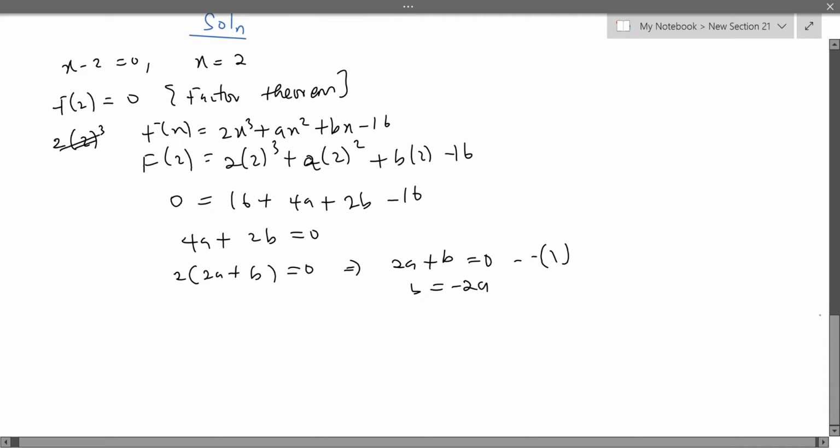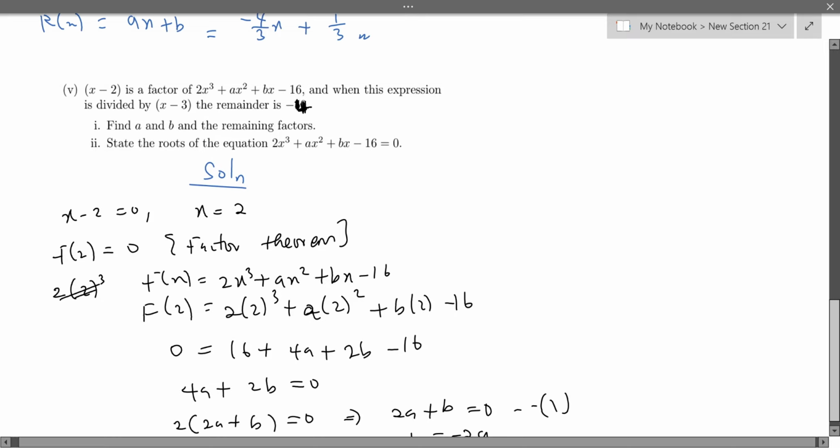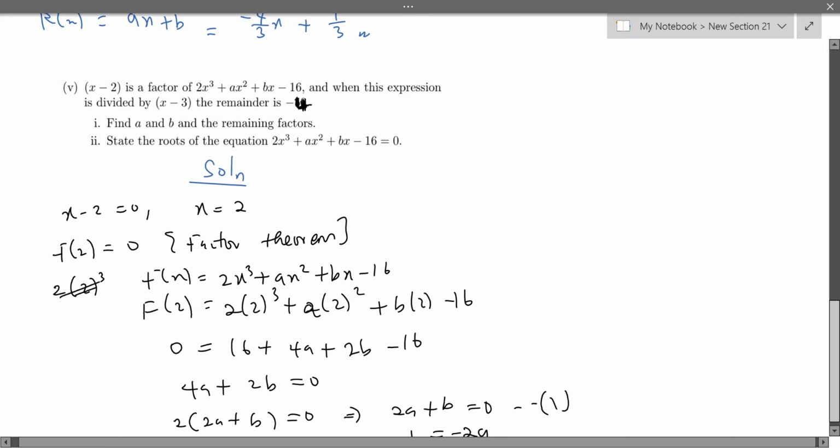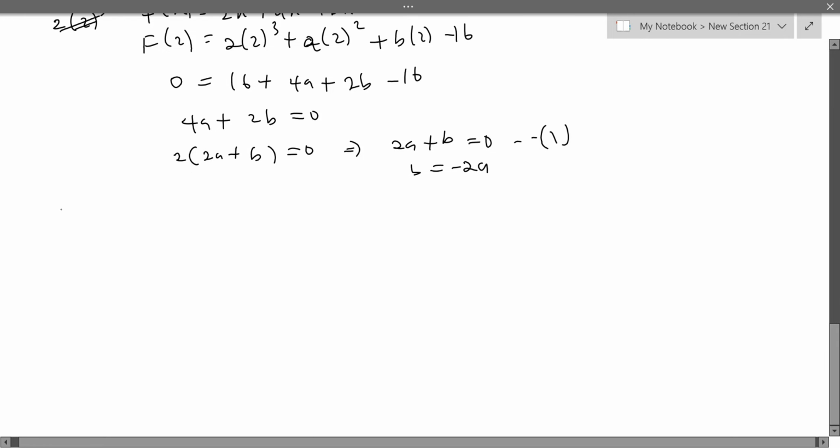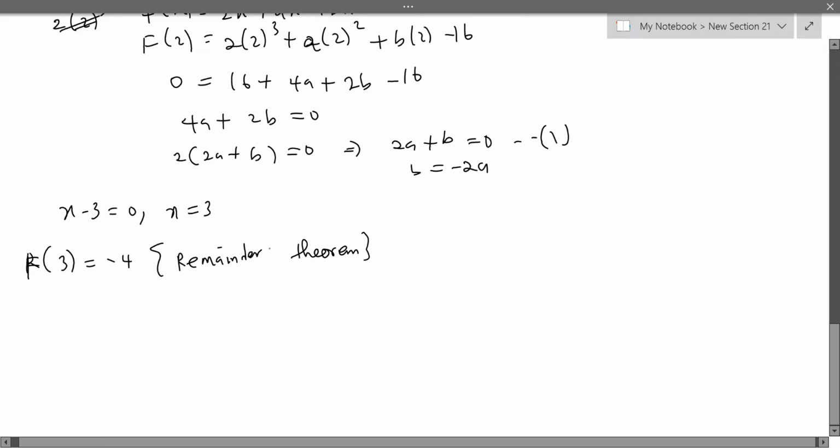The other part of the question says that when divided by s minus 3, the remainder is minus 4. So we use the remainder theorem. s minus 3 equals 0, s is equal to 3. f of 3 is equal to minus 4. So this is the remainder theorem. f of 3, you just have to put 3 into f of s.